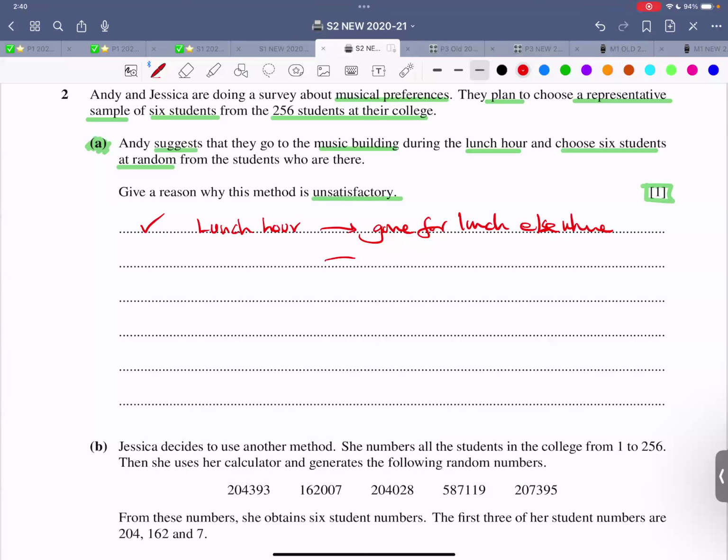So the population size is small to select a sample. Also, 6 students from the college. And what about those people who are there during lunch hour? 6 students, they probably are friends. And since they are friends, they could have similar preferences.